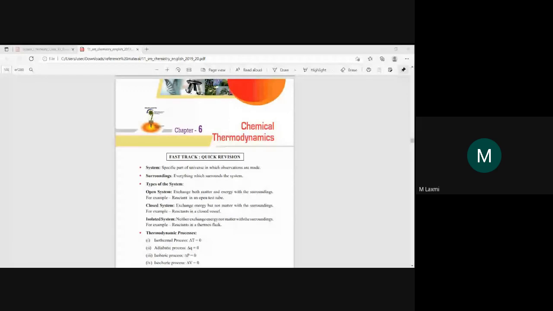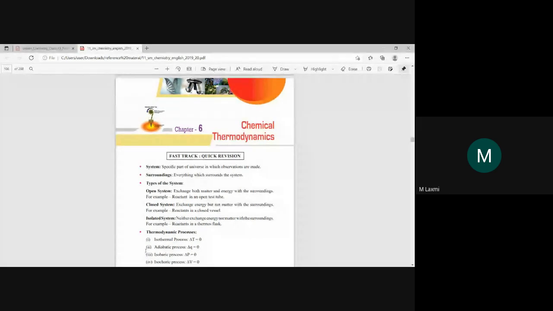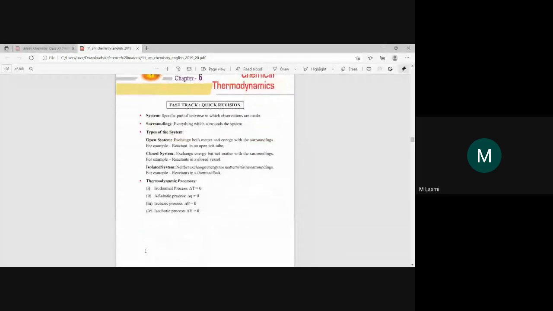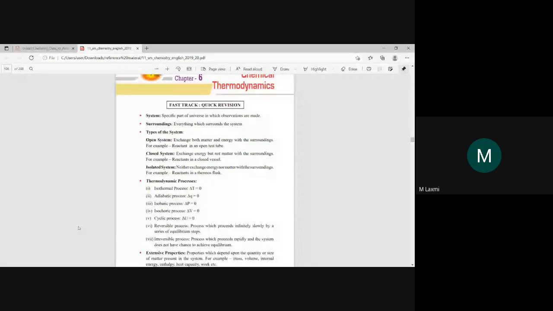Now moving to thermodynamics. We have already seen about thermodynamics, but I'll do a quick sum up here. A system is a part of the universe where observations are carried out. The rest of the universe is called the surroundings. Under the types of system, we have seen open system, closed system and isolated system.